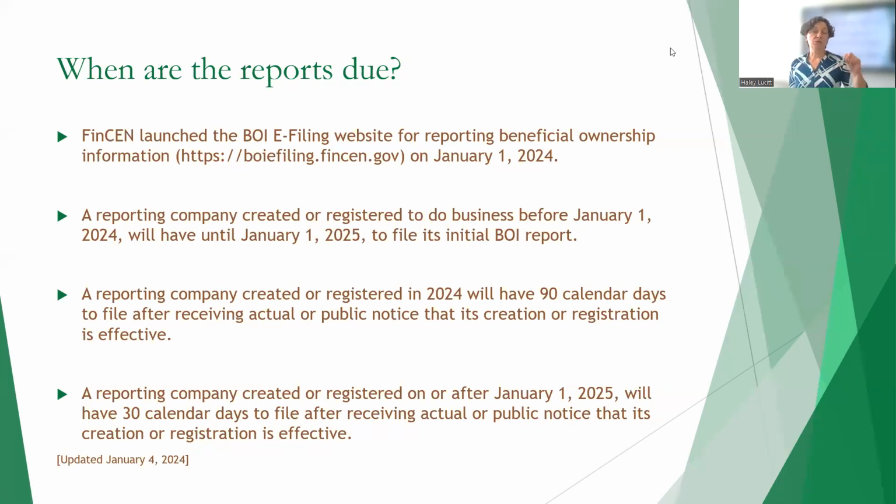For anybody that started a domestic reporting company on January the 1st, 2024 or after, they have 90 days in order to report to FinCEN. If you have a domestic reporting company that is going to start in January of 2025 or after, you're going to only have 30 days.